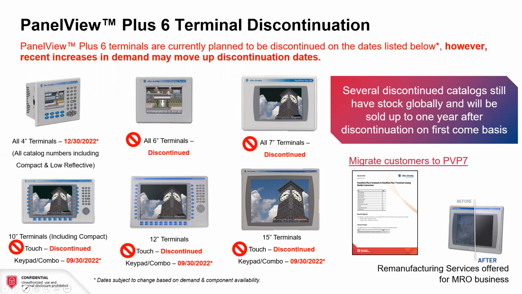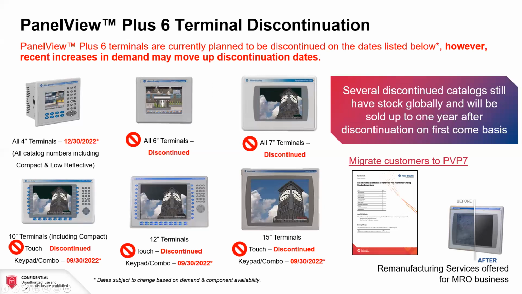So in general, and this is probably not anything new if you're a PanelView Plus 6 user, we've been working for many years to help get customers to convert from 6s to 7s as panels need to be replaced in the field. But just know that at this point, getting some of the PanelView Plus 6 products is going to be difficult. Some have been discontinued. There could be some stock left potentially, but as that stock gets depleted, they're going to be gone.